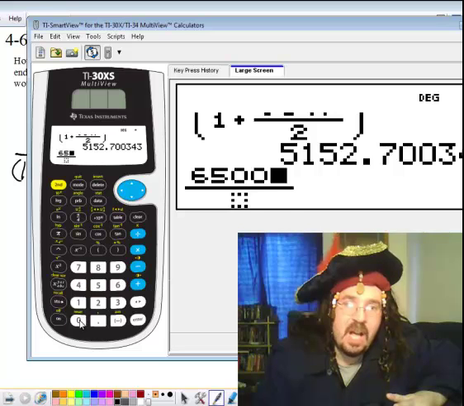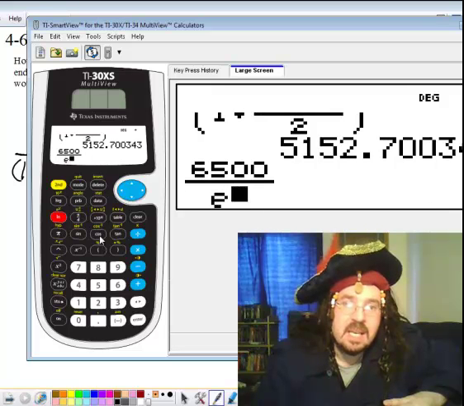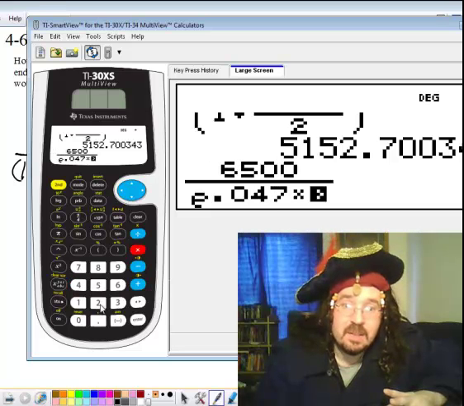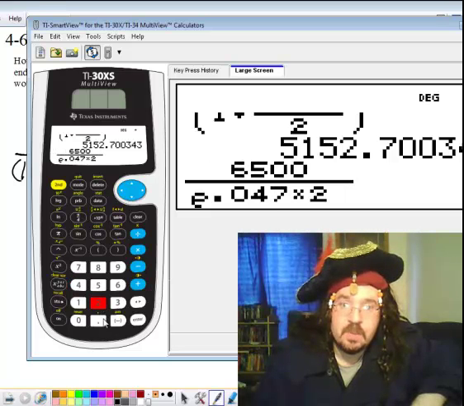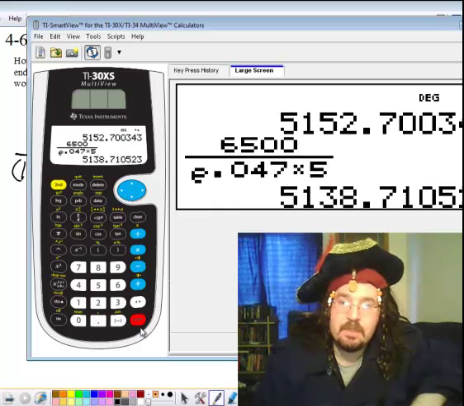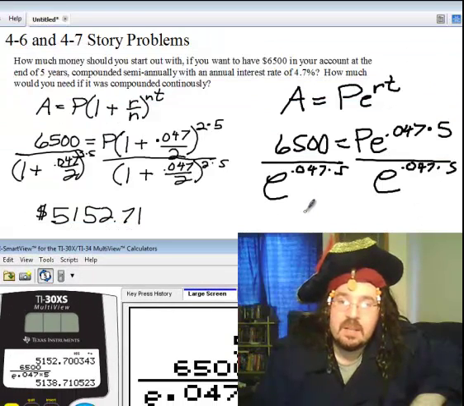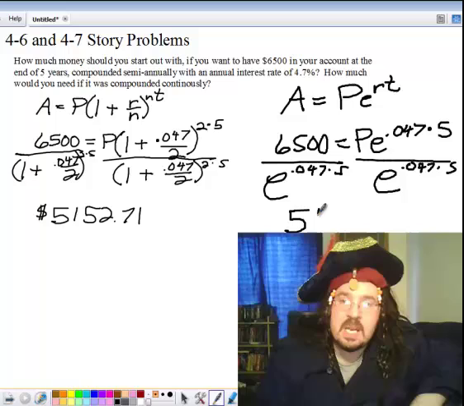So 6,500. And then down here I have second function, and then I hit e, and then it's going to be 0.047 times 5. It's 5 years, times 5. And then I hit enter, and I get 5138.71.